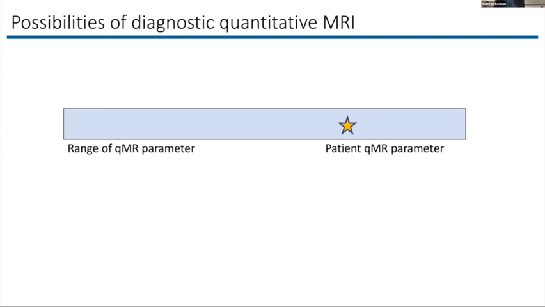This amount of information, though, right now is not useful. We still need to know what normal is in order to make a diagnostic statement about the patient's value. And then the other aspect that's missing here is the uncertainty. How large is that uncertainty? How confident can you be when you make these statements?